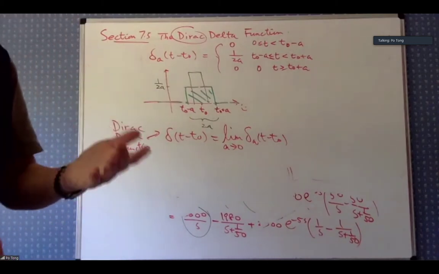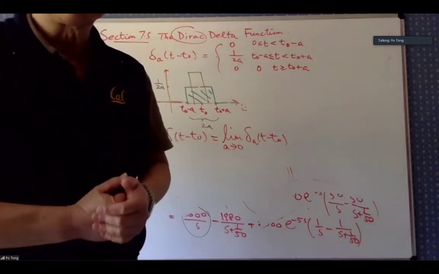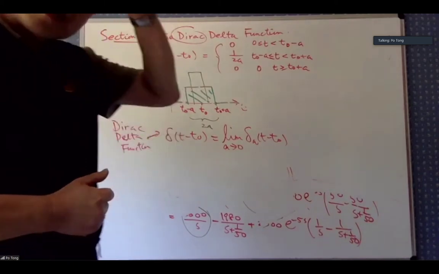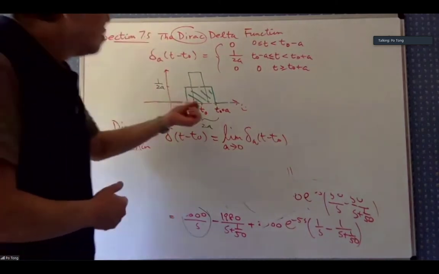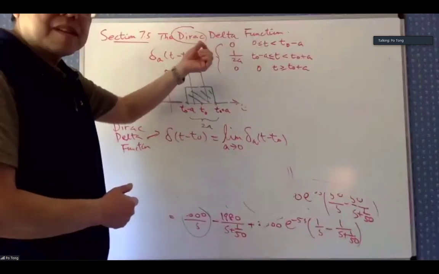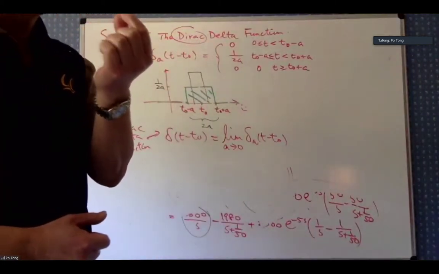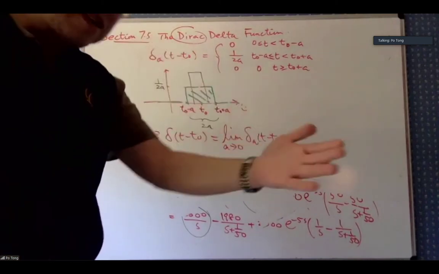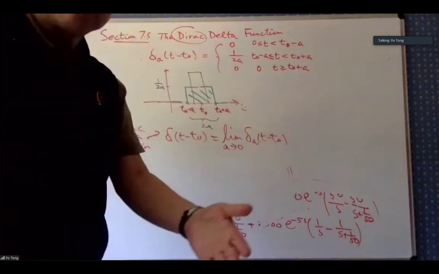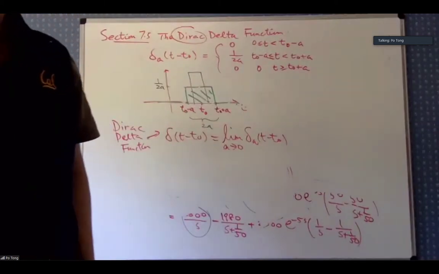Basically, what it's trying to do is to model an impulse. The height of the function is basically infinite, but the duration is very short. So it's like when you hit something, that is an impulse, and that is the Dirac delta function.